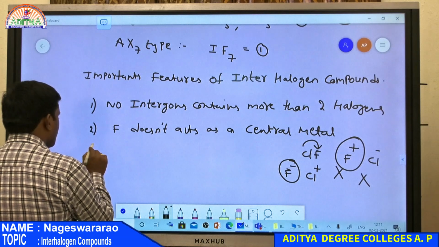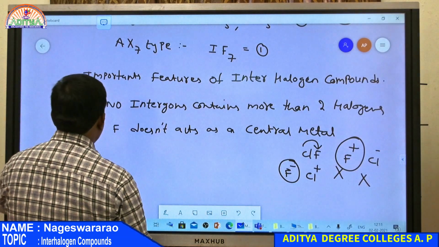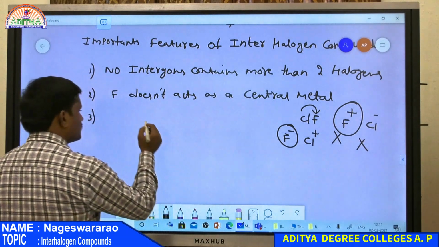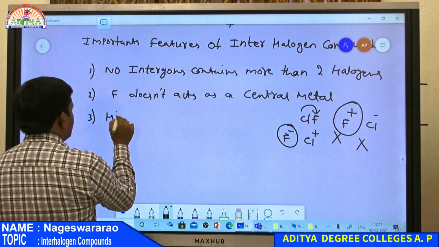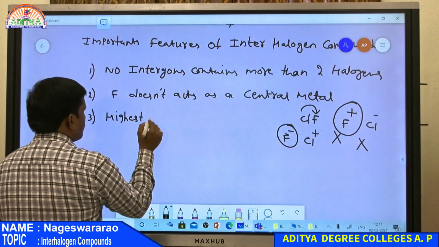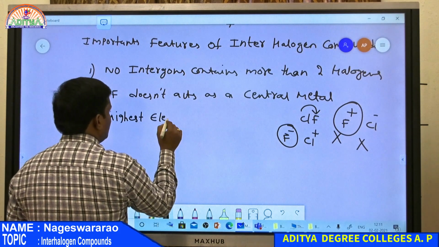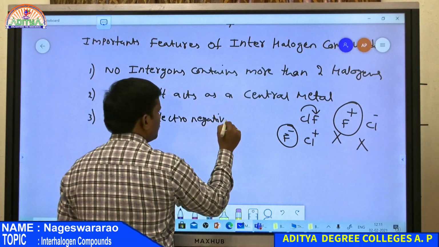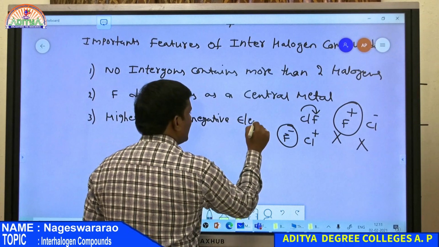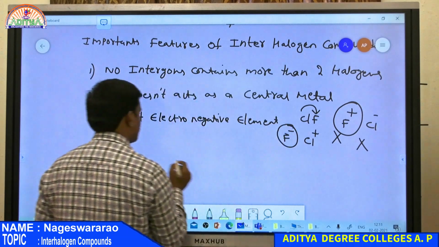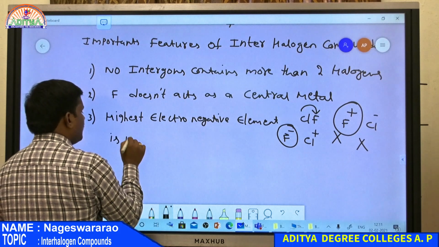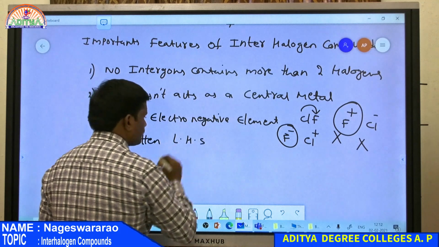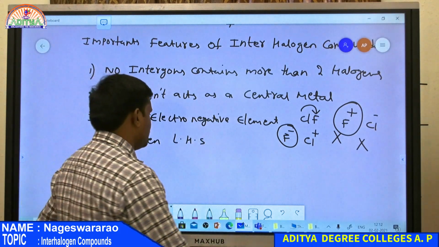And the third one. The third property is that in interhalogen compounds, the highest electronegative element is always written at the right hand side. Look at the same example, ClF.